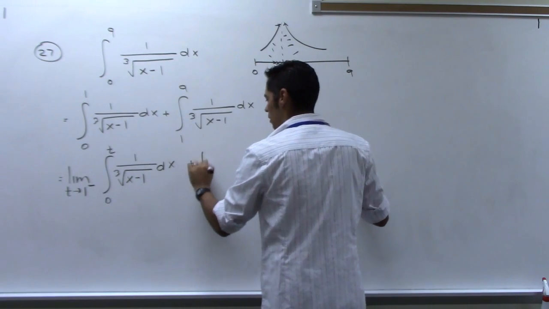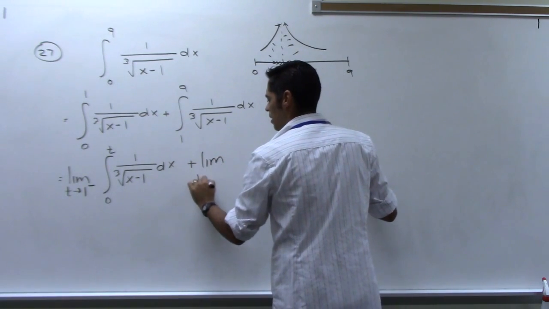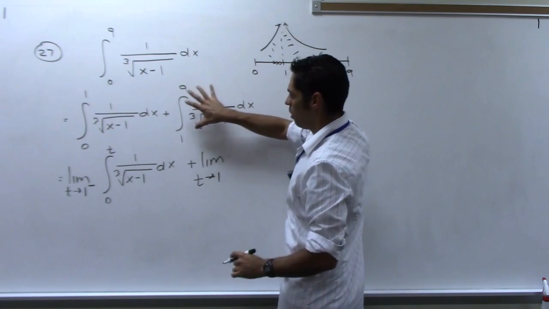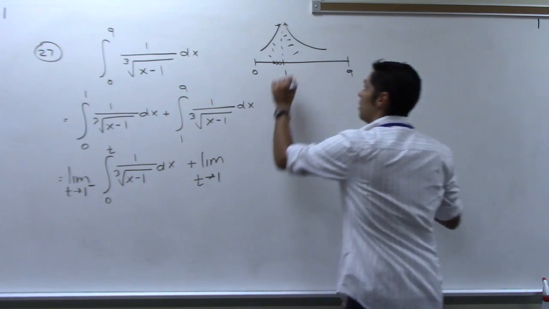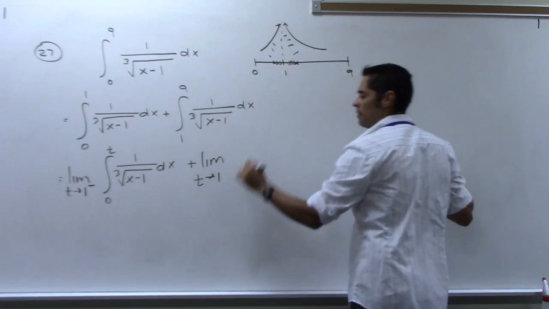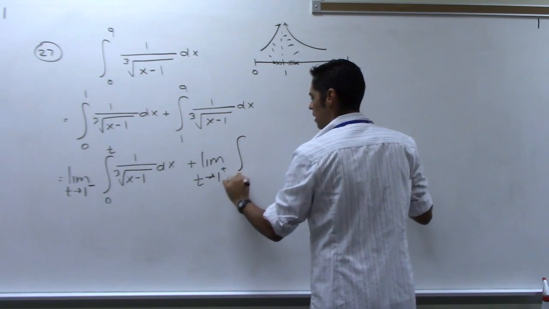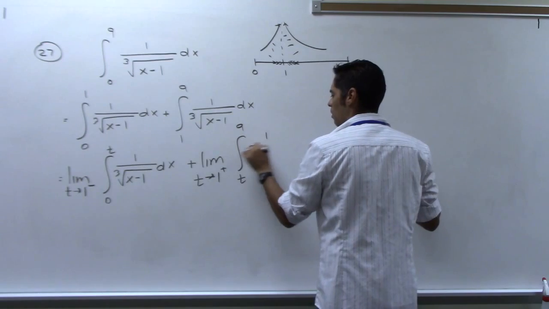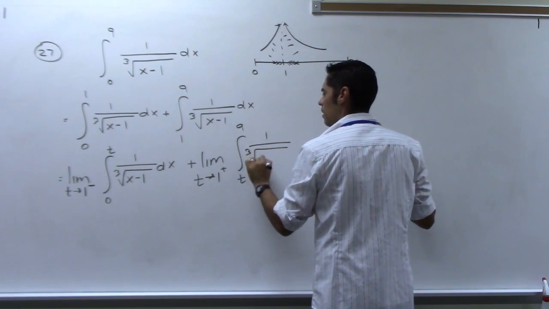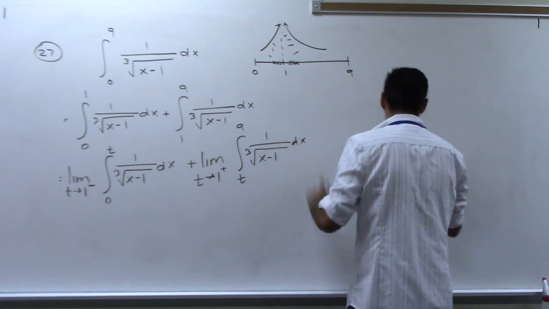Then plus another limit. T is approaching 1 this time, so I'm working on this one. 1 is where the problem is. This time I'm on this side, so I'm approaching 1 from the right of the integral from t to 9, 1 over cube root of x minus 1 dx.